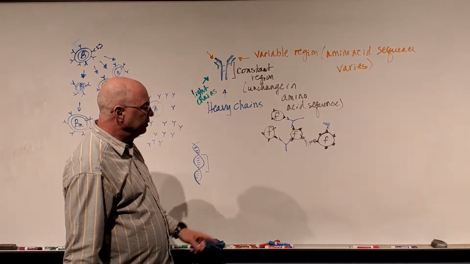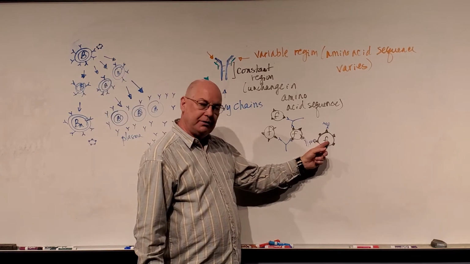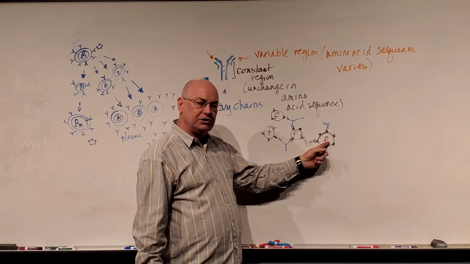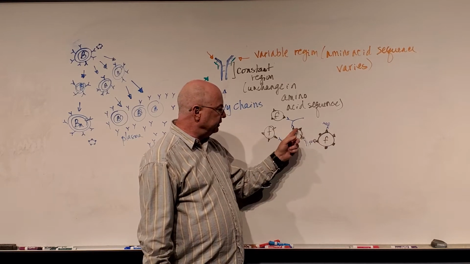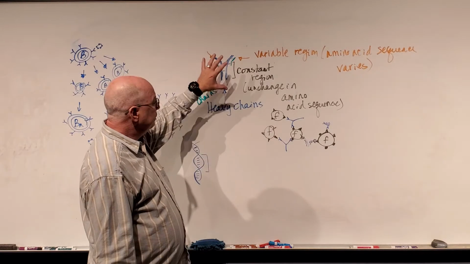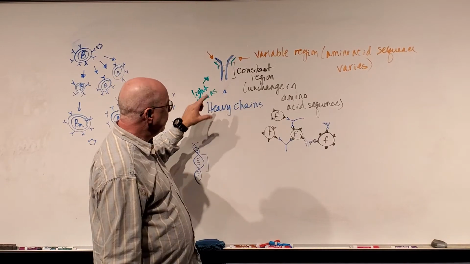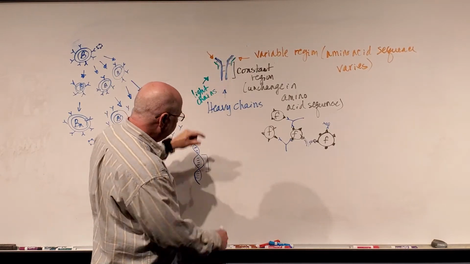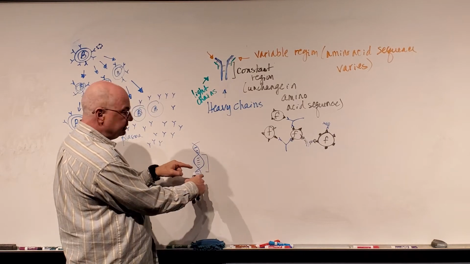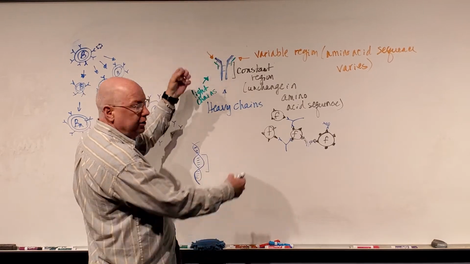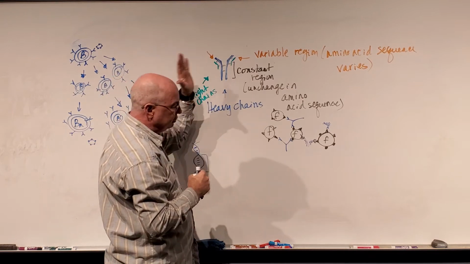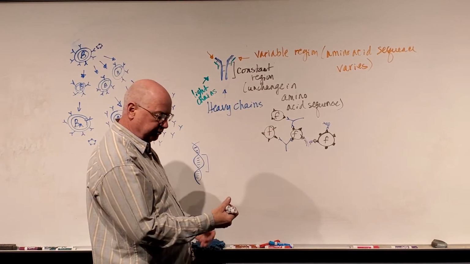But when my immune system encounters a foreign cell that has a specific antigen on its surface, then a naive B cell can make an antibody and rearrange the DNA, the genetic sequence of the variable region, and alter the amino acid sequence so that it will bind to that specific antigen.